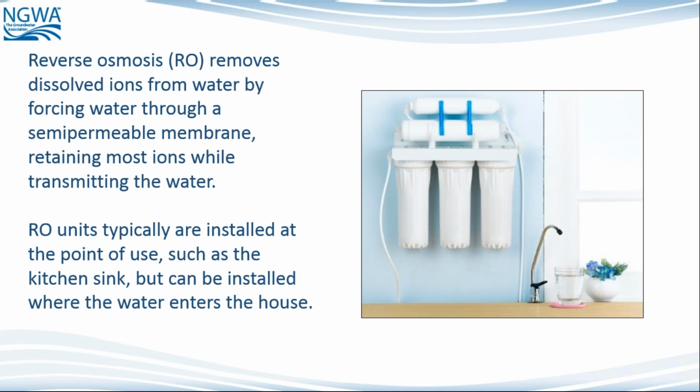When we look at reverse osmosis, it's kind of a unique process. When we think about how we actually remove contaminants or even particulates from our water with reverse osmosis, when you look at osmosis, that's the natural movement of a solute or water through a semi-permeable membrane, and of course all the bad stuff stays on one side and all the clean water goes through the membrane and on the other side.